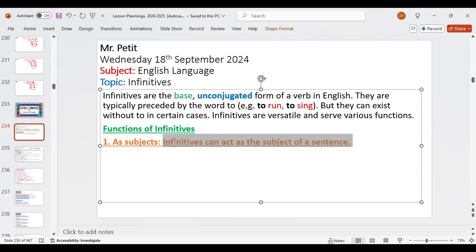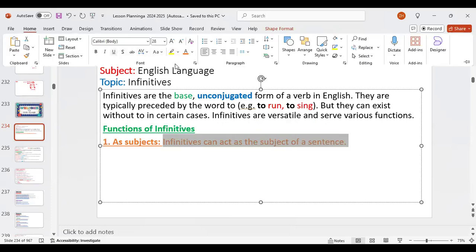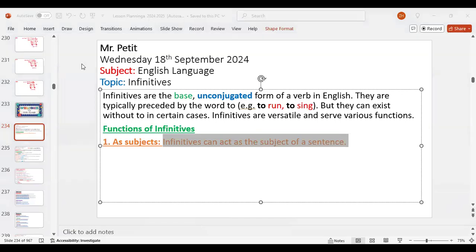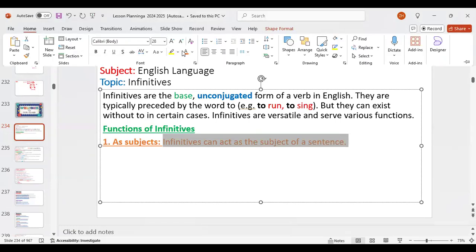So one of the functions that infinitives can play is that it can be the subject.